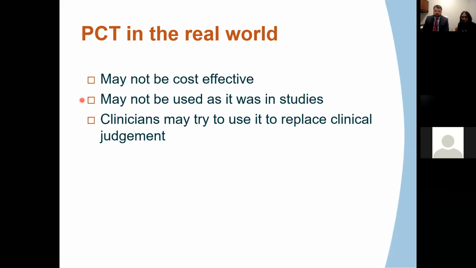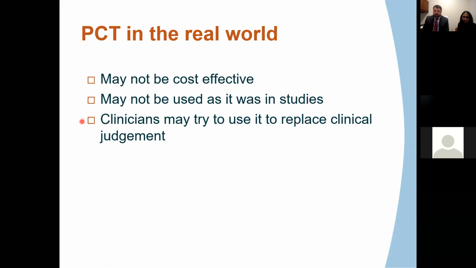Just because it's low, like in that abdominal sepsis example we gave earlier, if we had withheld antibiotics that patient could have had a really bad outcome, because the next day it shot up to like 81. So it's not a diagnostic tool. The more we talk about this and the more education there is, the more comfortable providers will get. And the last one: clinicians may try to use it to replace clinical judgment.